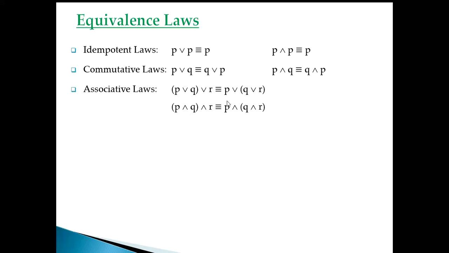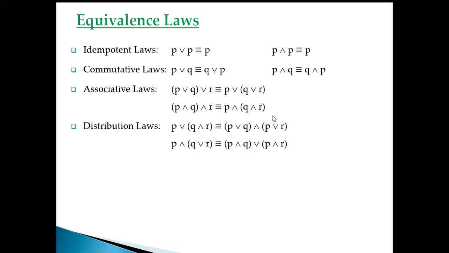Next, we have the associative law. In the associative law, we use three propositions P, Q, R. So (P or Q) or R is equivalent to P or (Q or R), right? Next, (P and Q) and R is equivalent to P and (Q and R), right?